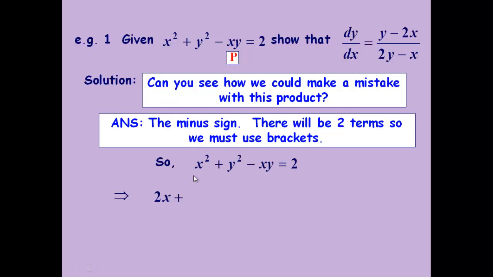So x squared differentiated with respect to x just gives us 2x. Y squared, hopefully you know this, 2y dy dx. And then for the product part, it's xy, which we did previously, so it's just y plus x dy dx, but note the brackets, and then that equals 0.